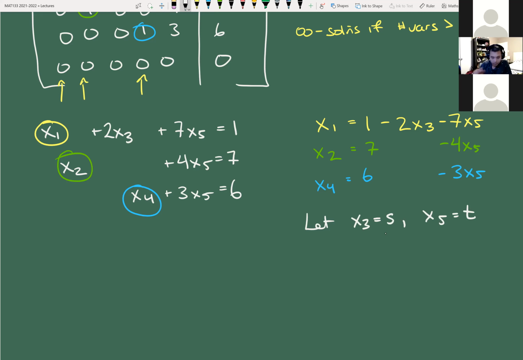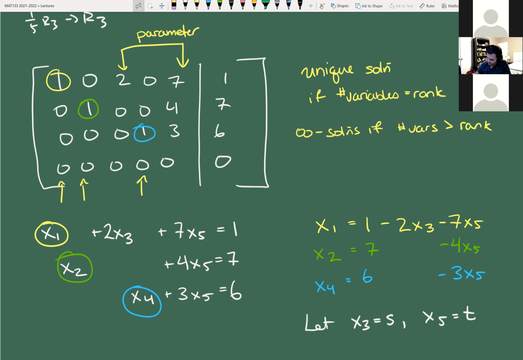Notice that x3 and x5 are exactly the things that don't have leading ones, right? Because we solved for our leading ones, x1, x2, and x4. So the columns that didn't have leading ones all end up on the other side of the equal sign when we solve for them, and so end up becoming parameters, right?